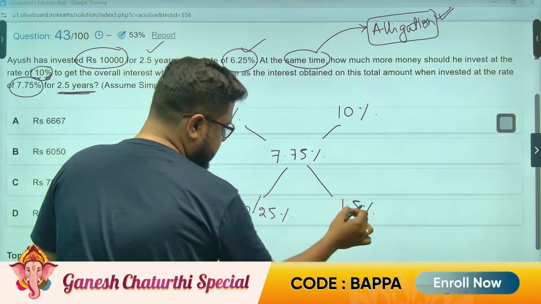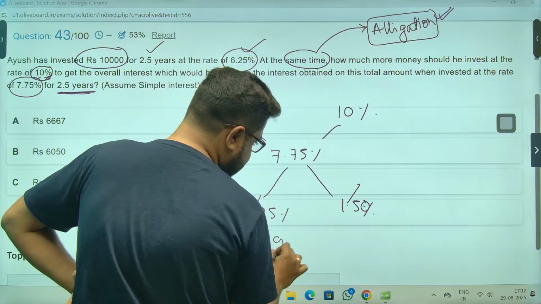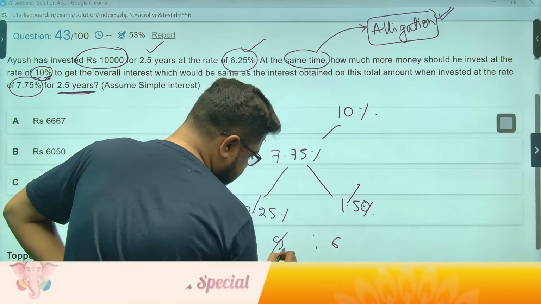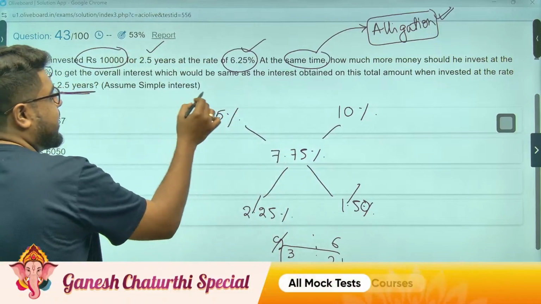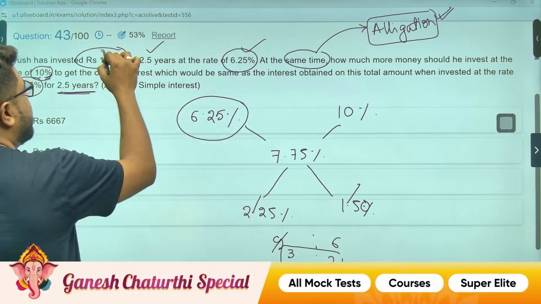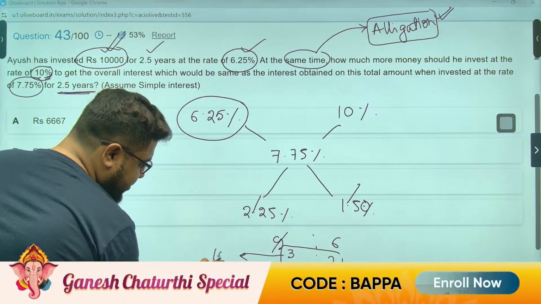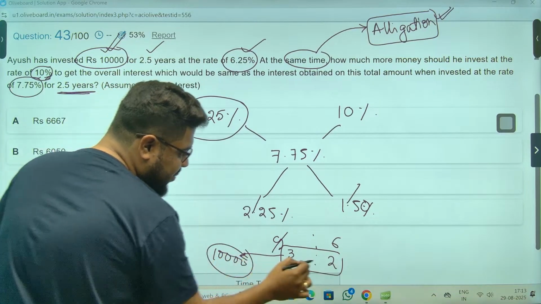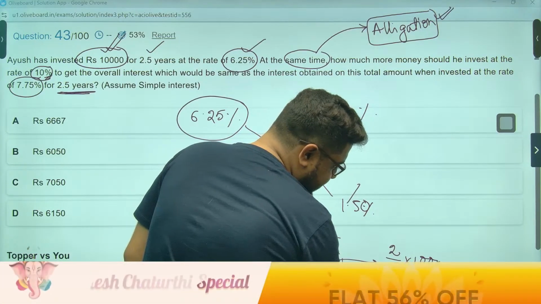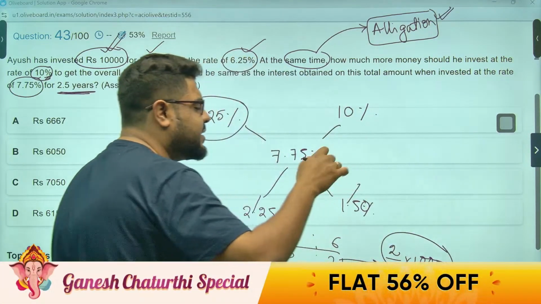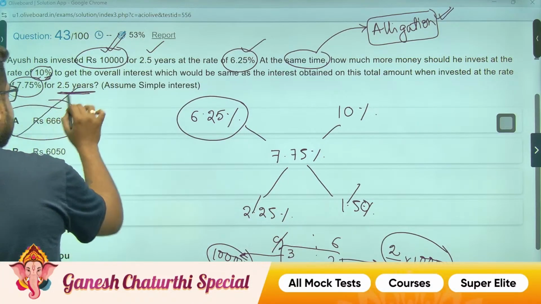So the ratio, just get rid of the decimals. 25 nines are this, 25 sixes are this. 3:2, sir. Now it is given 3 parts is 10,000 rupees. So 2 parts will be 2/3 of 10,000. If you calculate, 6666, so 6667 is there. So this is my answer.